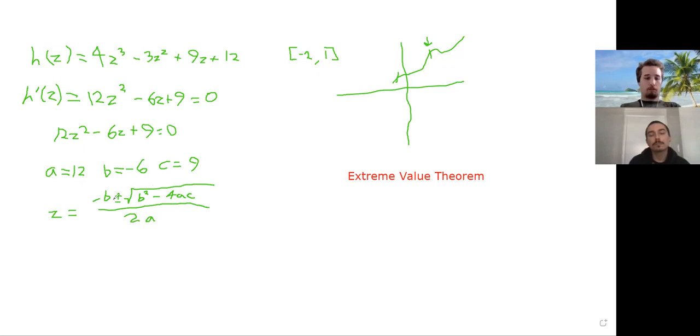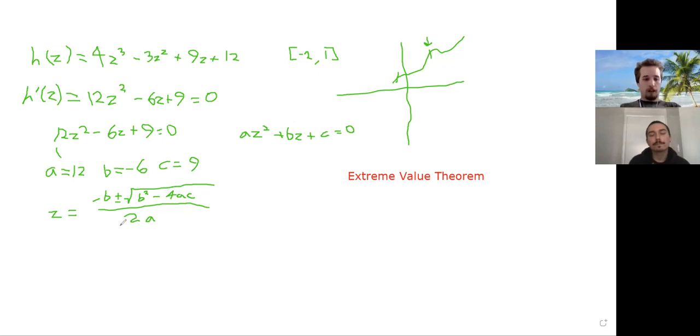Okay, and so you have to plug in for each, right? Because again, we know that 12 is A and -6 is B, because this is the form that the formula takes. And this is how you use the quadratic formula.